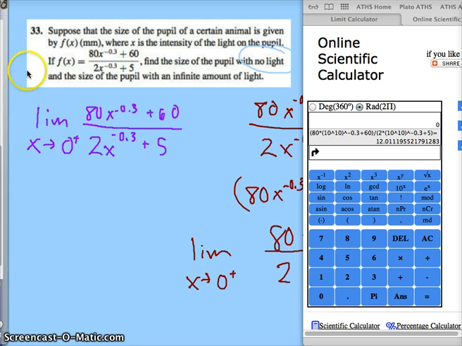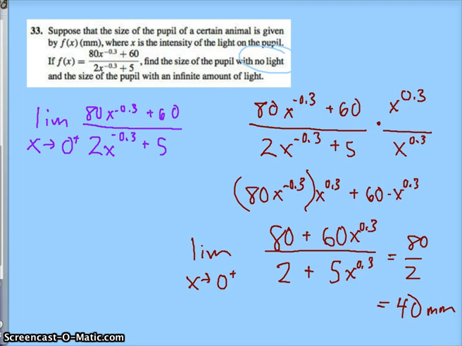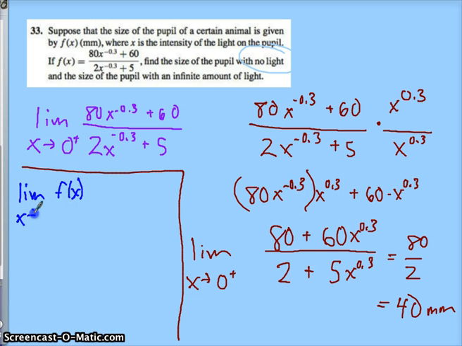And so when we look at the limit of the function as x approaches infinity, I chose a really big number here, 10 to the 10th, and I get 12. The limit of f of x as x approaches infinity is 12.